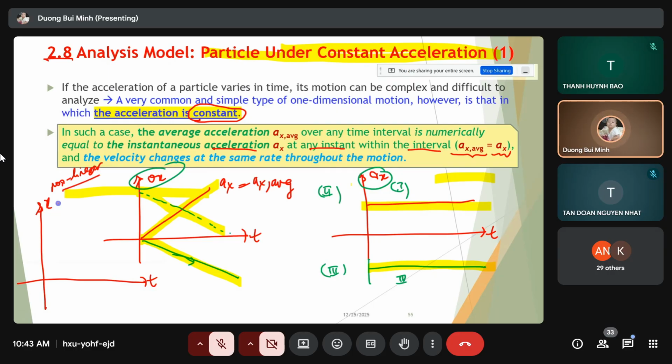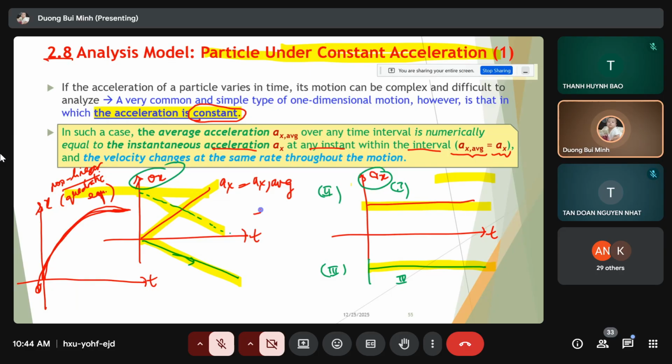Actually x should be a quadratic equation, because Vx is linear, so we have x like this, the curve like this. We say it is a quadratic equation. This is zero, of course.